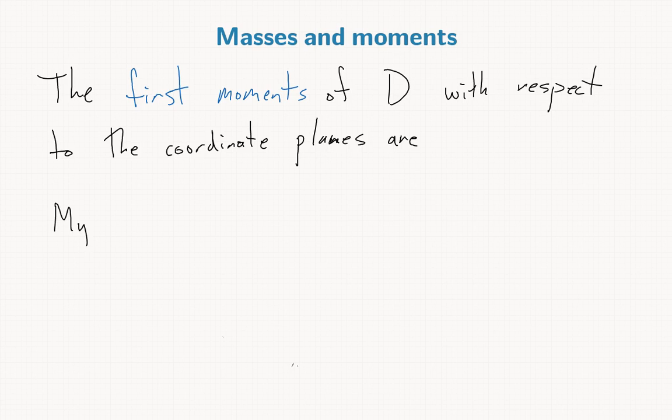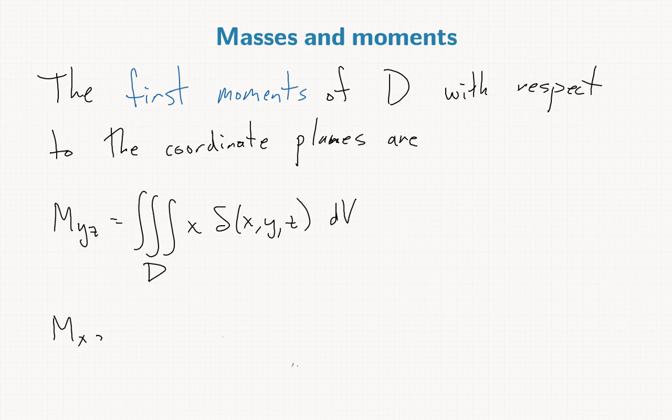So the moment with respect to the yz plane is the triple integral of x times the density. The moment with respect to the xz plane is the triple integral of y delta(x,y,z) dV.